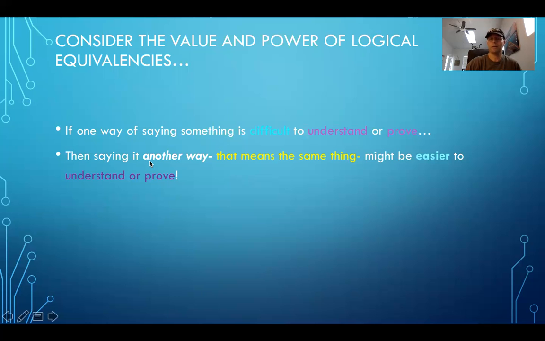So you can say it this other way and know that that means the same thing. And that new way of saying it might be easier to understand. It might be easier to prove. It might be easier to use in convincing someone else. So you, for free now, have the contrapositive of a statement. If the statement is true, then the contrapositive is true. I love it.